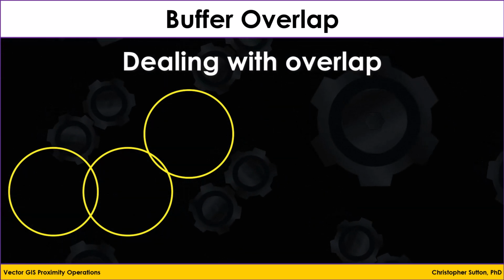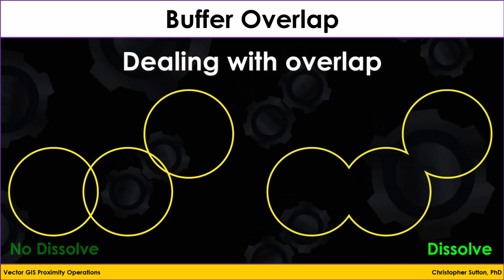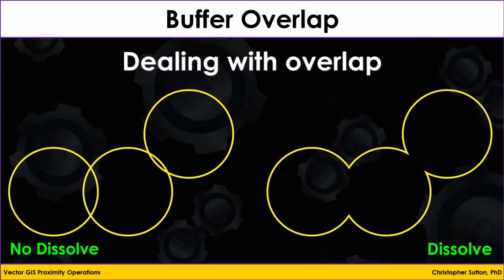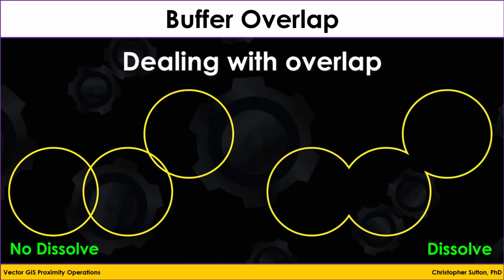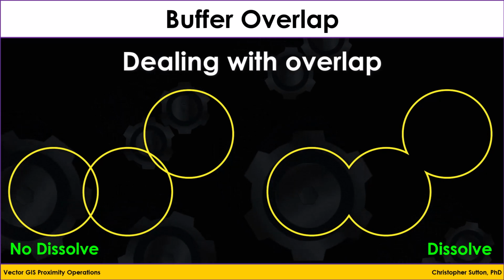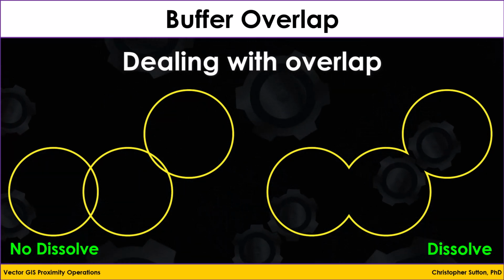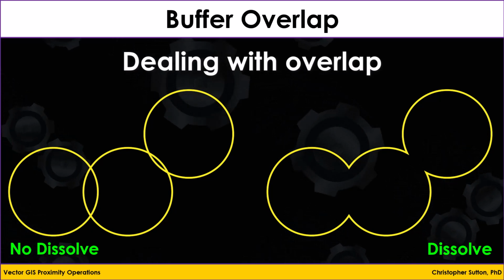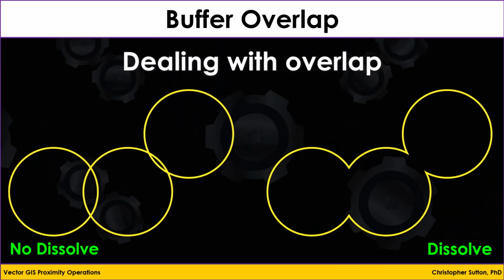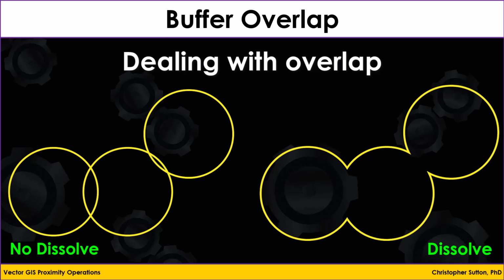The second option is to use dissolve. Dissolve removes overlap between features and removes any internal boundaries that are created by the overlap of the buffers.